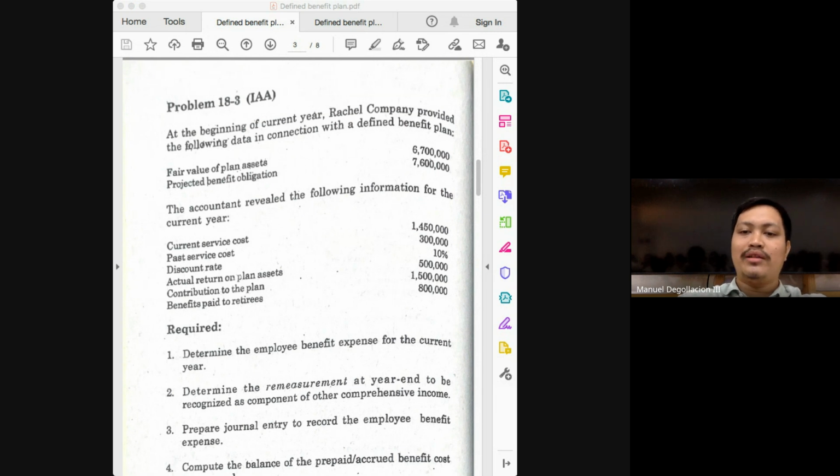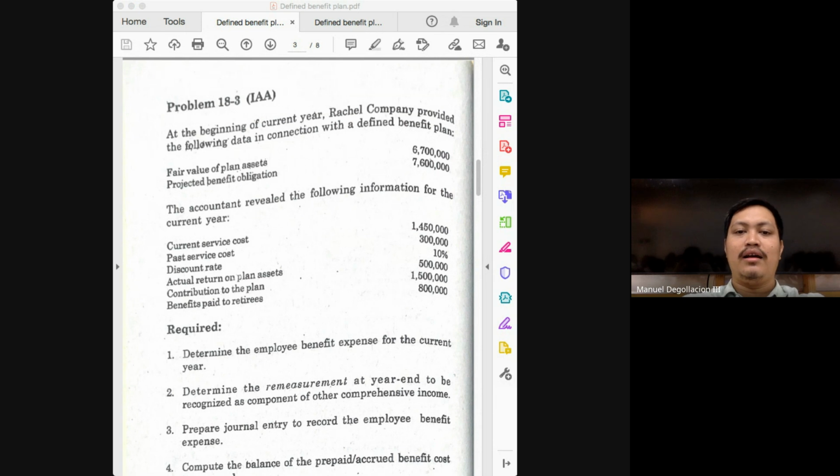What's the next component, class? Interest income on the FVPA beginning. And do we have that amount? Yes, 6,700,000. And what do we do with the 6,700,000? Multiply it by 10%, you would get 670. And since we do not have any asset ceiling in this problem, then we will end there.